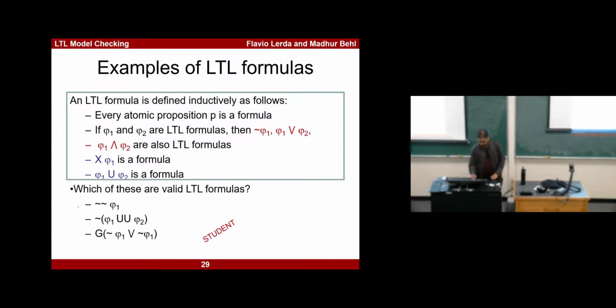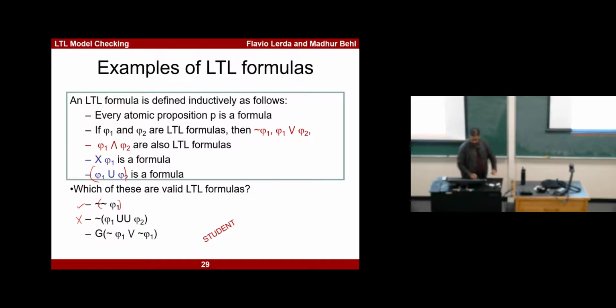So is this a valid LTL formula? Not phi 1. Is this allowed? Yes, it is allowed because you can think of this as an LTL which is valid. What about the second one? Negation of phi 1 until phi 2. This is not allowed. This is not a valid expression because when you use until, it must be of this form, and that does not satisfy here.